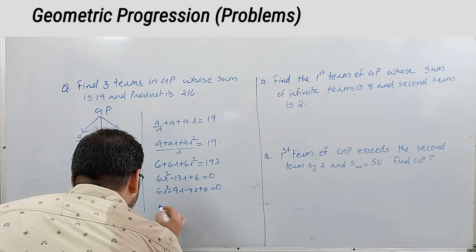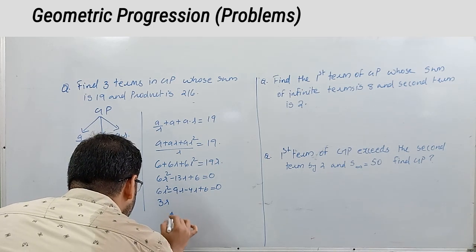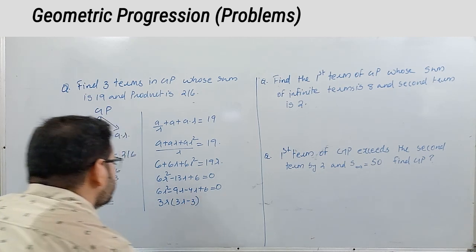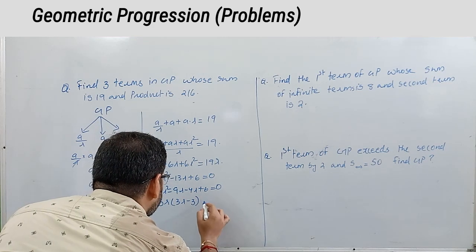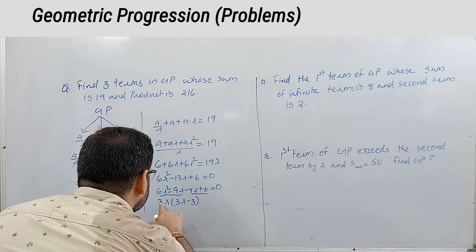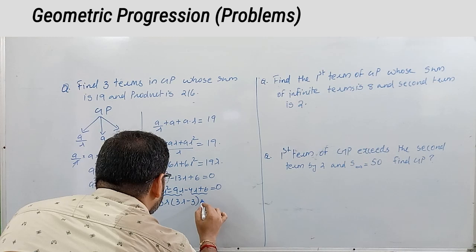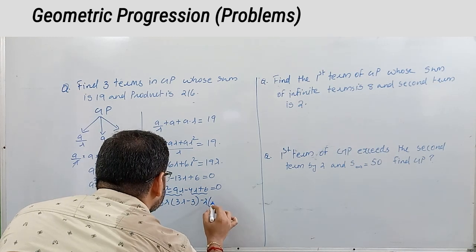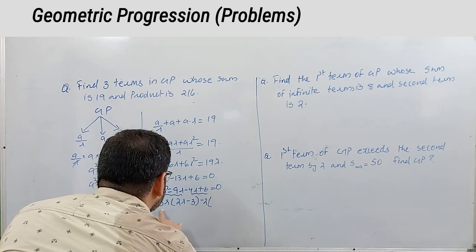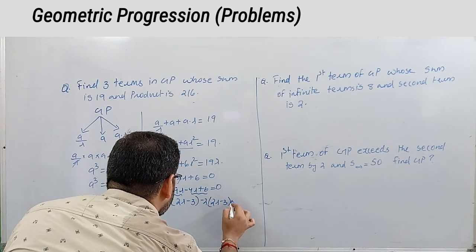That implies, from the first two terms we are taking 3r as common, 3r into 2r minus 3, then from the next two terms minus 2 common, minus 2 into 2r minus 3 equal to 0.